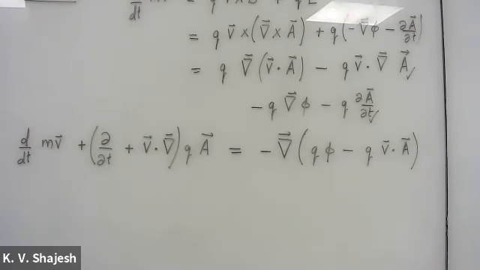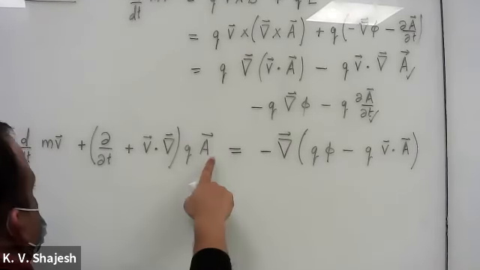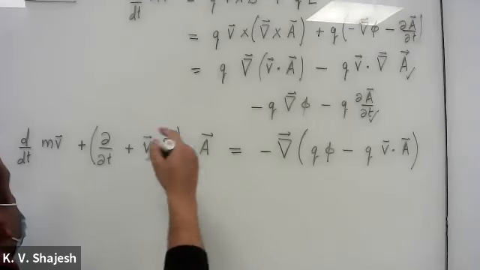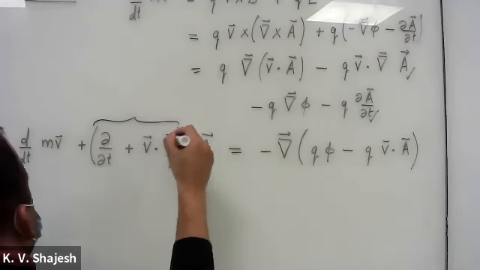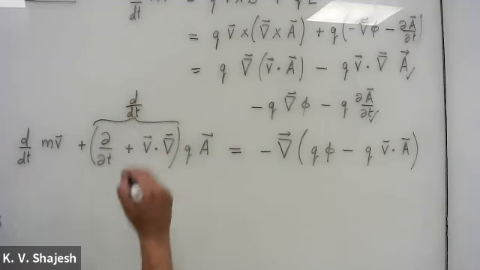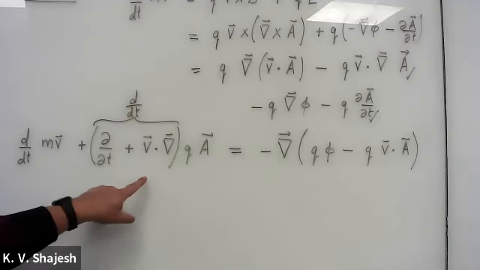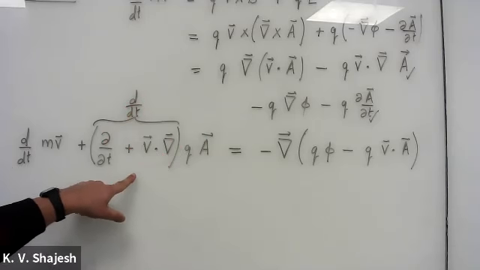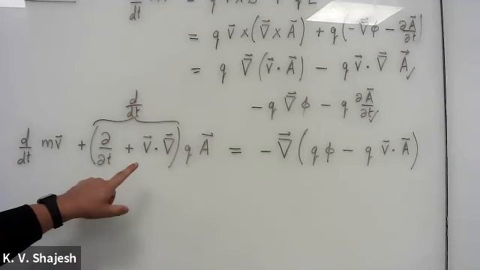This is nothing but a total derivative. If some quantity depends only on the position, then this is simply a total derivative, so this is d by dt. Is that clear, or should I clarify? No, I think that makes sense. Okay.